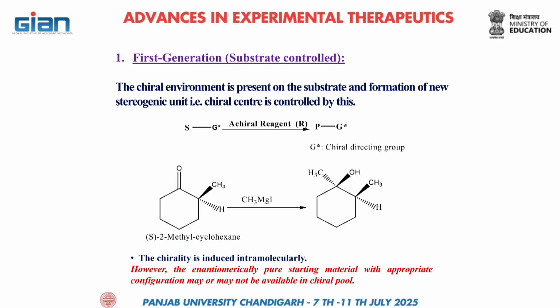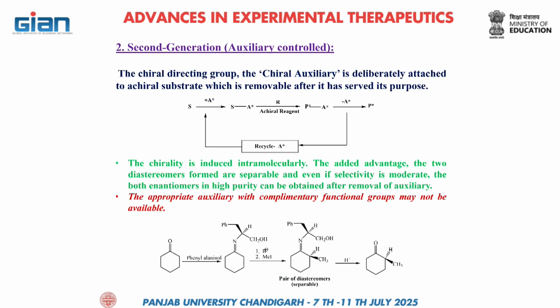Okay, so whatever the transition state is going to form, that we will have to discuss as per our preference. For that there are different auxiliaries present. Okay, so if first generation is okay, we are moving to the second generation.